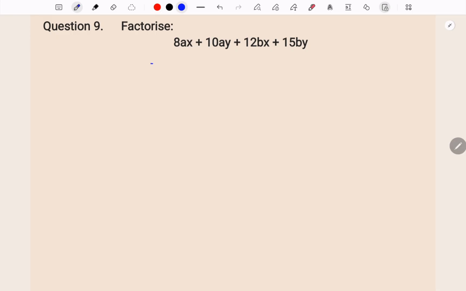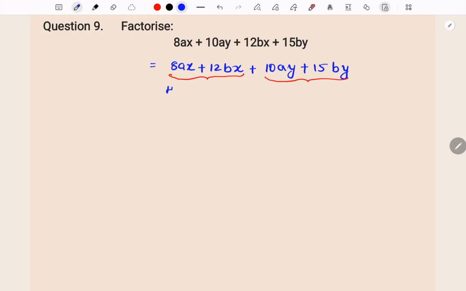Clearly 8ax and 12bx are the like terms, and 10ay plus 15by are also the like terms. I will treat this as the first expression and this as the second expression.